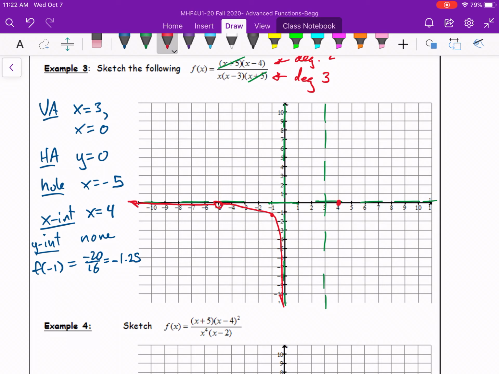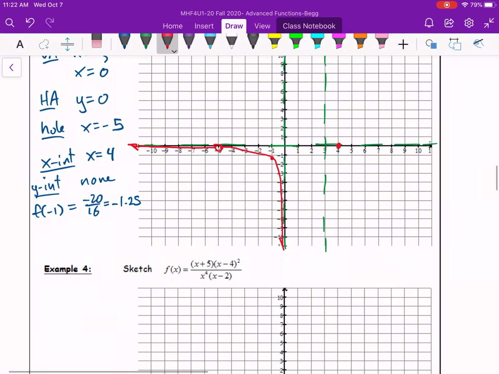Okay, let's predict what's going to happen. We got an actual x-intercept at x equals 4. So how does that play out? Let's try another value. Maybe let's try x equals 5, just to see what's going on there. And if I put 5 in, I'll get -18/-12, which reduces to 1.5.